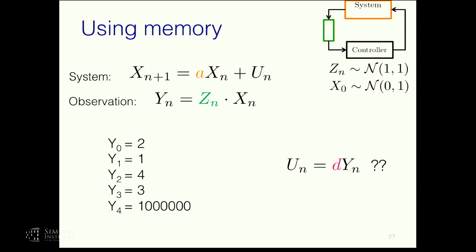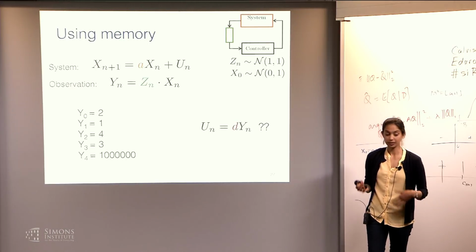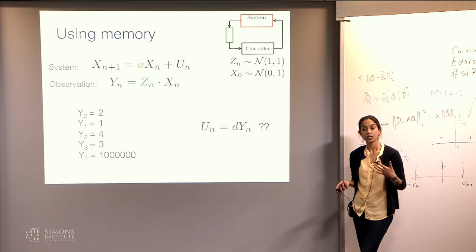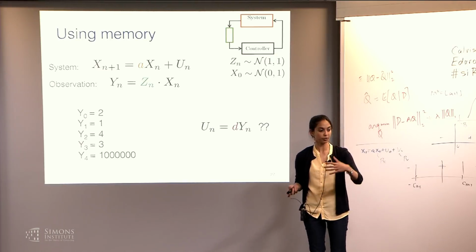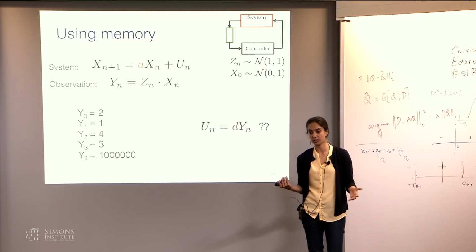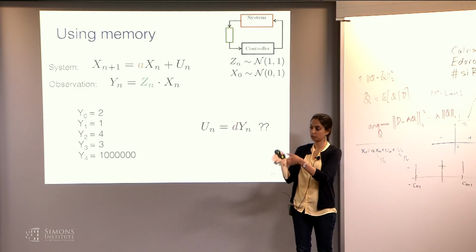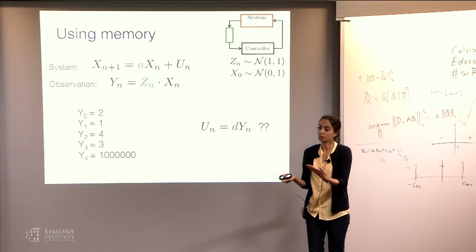So this says that maybe a linear memoryless strategy is not going to be optimal. Can we somehow use memory? It turns out that if we try to use a linear memoryful strategy that uses the previous observations, this is not going to help. And you can actually prove that if you're restricted to using a linear strategy, the linear memoryless is optimal. Why is this the case?